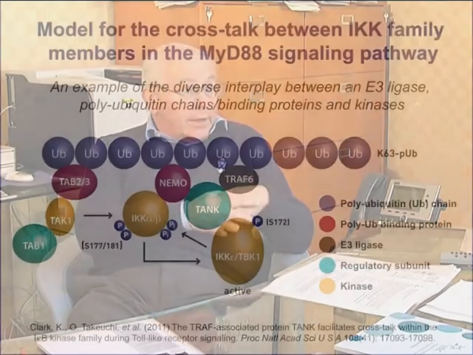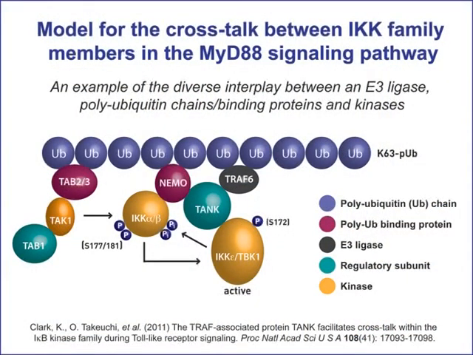So we had kinases that were phosphorylating and switching on E3 ubiquitin ligases. There were E3 ubiquitin ligases that ubiquitylated kinases. The formation of polyubiquitin chains caused those chains to bind to regulatory components of other kinases, which then switched those on, leading to downstream signaling.